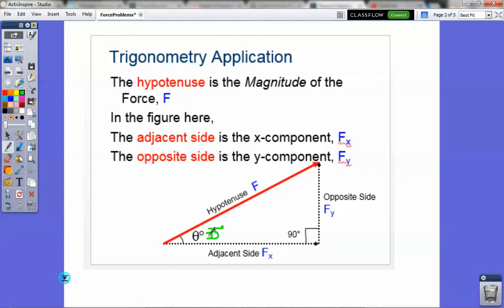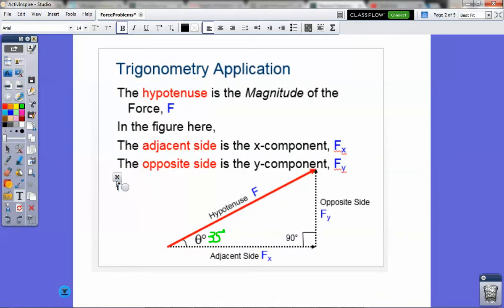If the angle is less than 45 degrees, then the adjacent component will be larger. So when we calculate these, we're going to find that the x component, F sub x, is going to be greater than the y component, F sub y.